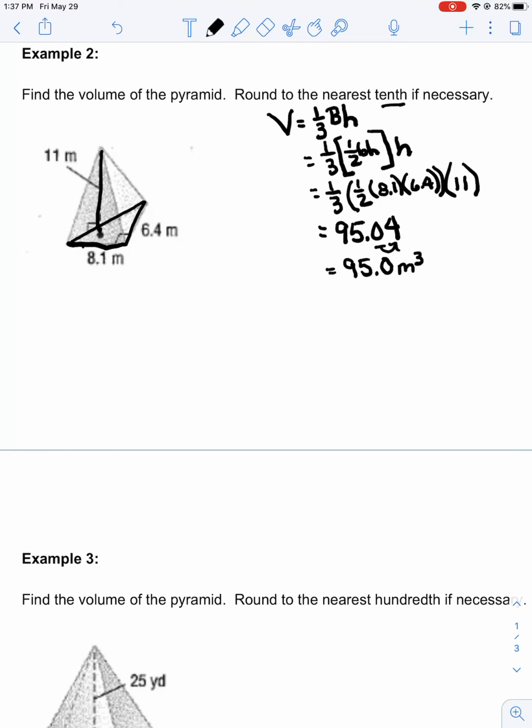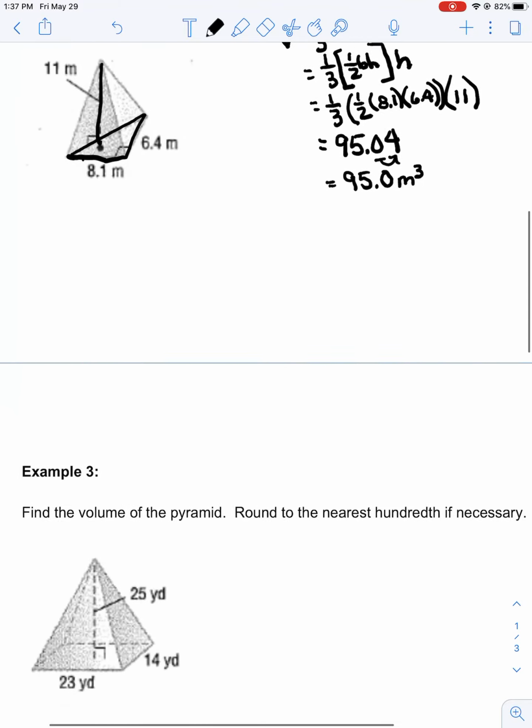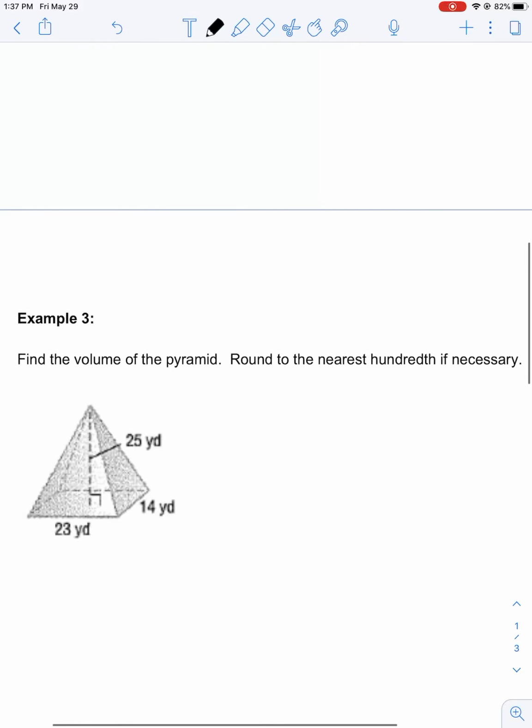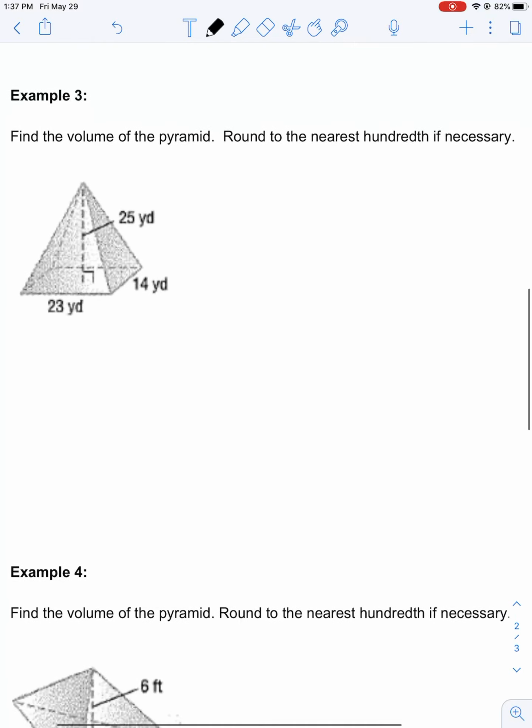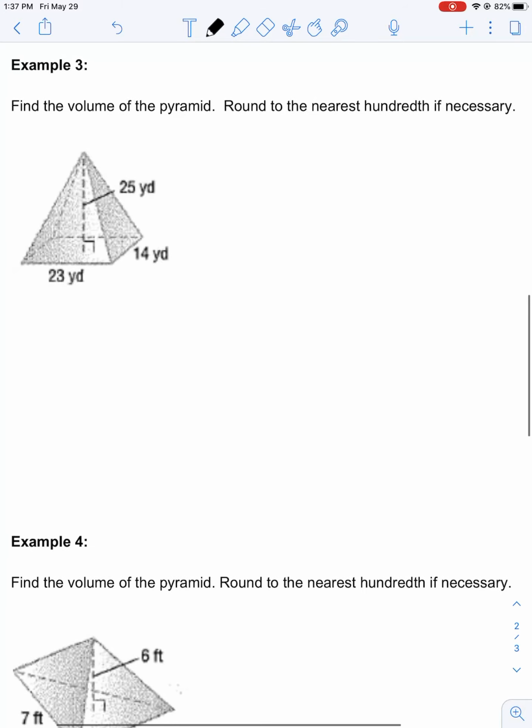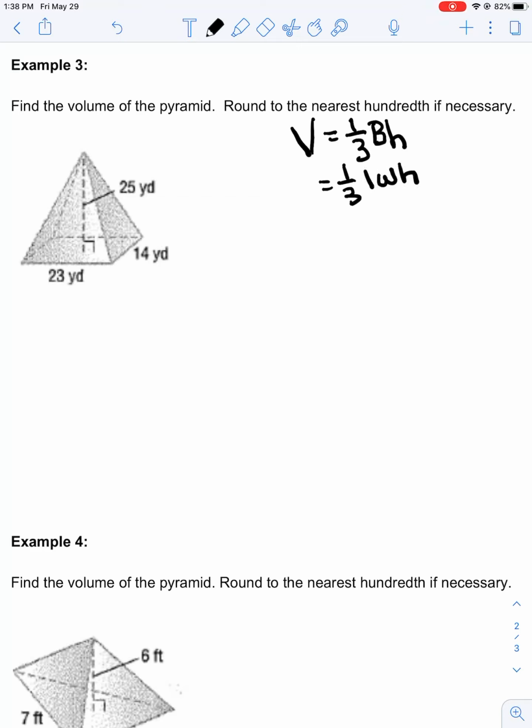Okay. Our next example, example number 3, is again another rectangular pyramid. So we have volume equals 1/3 base times height. So 1/3 length times width times height. So let's substitute all that in.